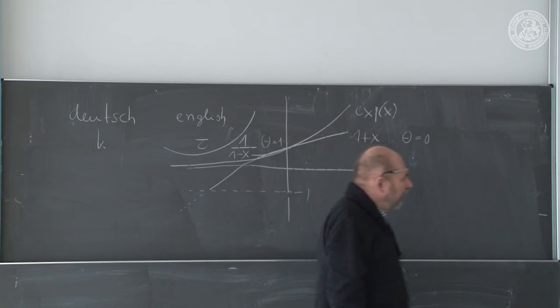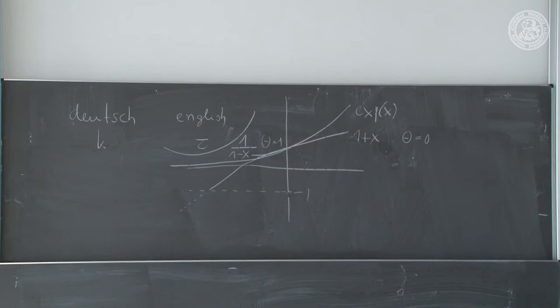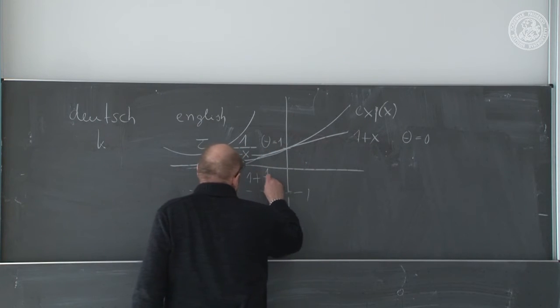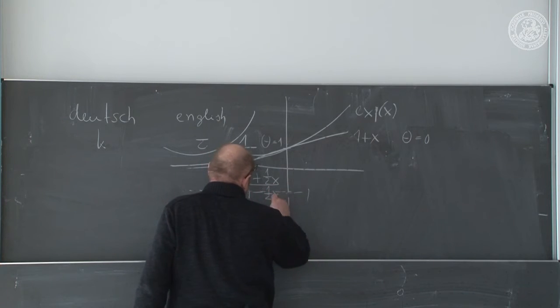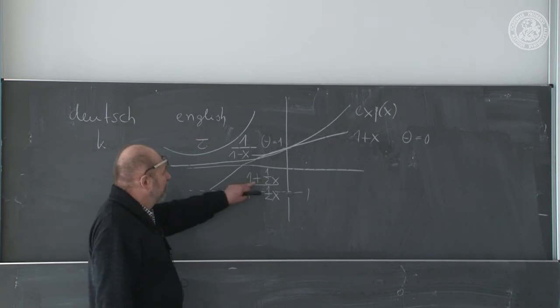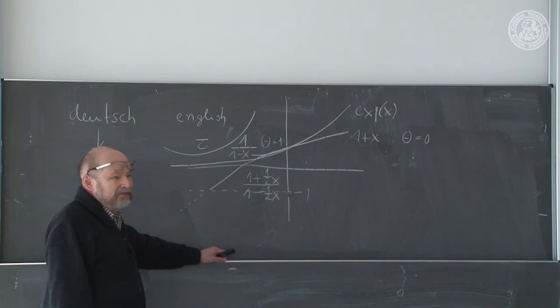So what is the third case which we have? It's 1 plus 1/2 x over 1 minus 1/2 x. And what is now the limit value for x going to minus infinity?